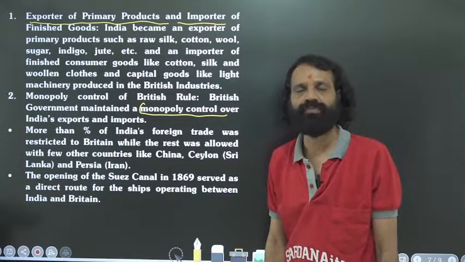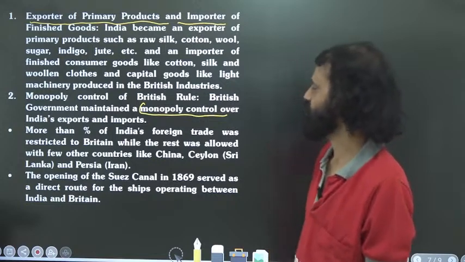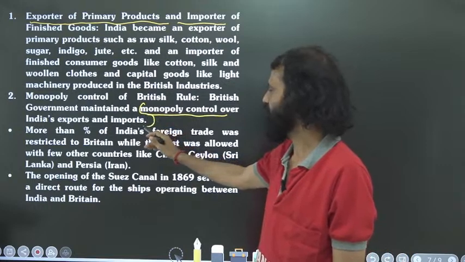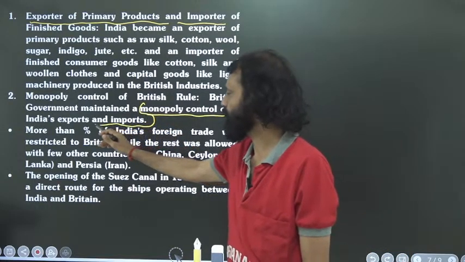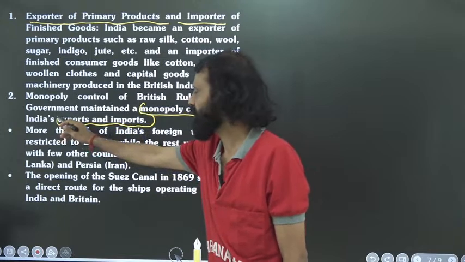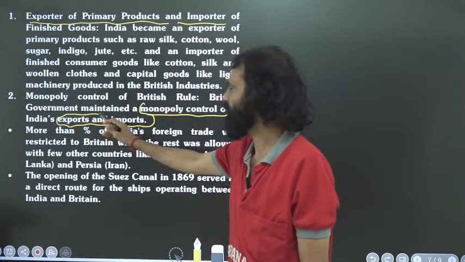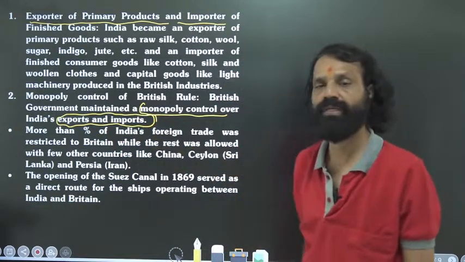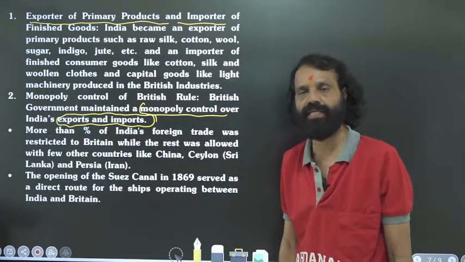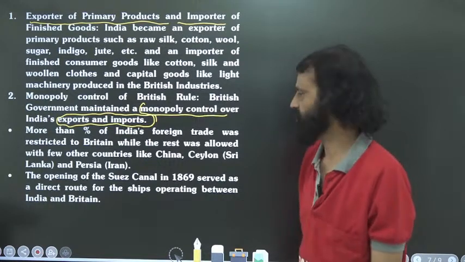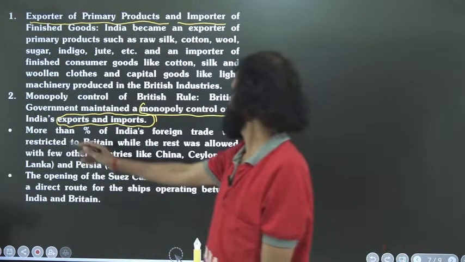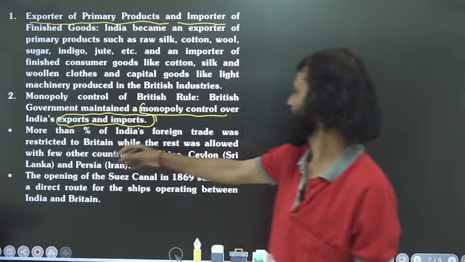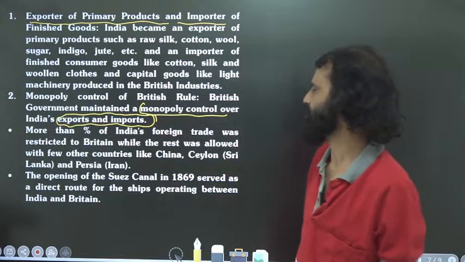They made new policies to develop Britain's economy, and their ultimate aim was not to promote India's economy. They made us export raw materials and import finished products from Britain, so that Britain could profit either way. More than 60% of India's foreign trade was restricted to Britain.